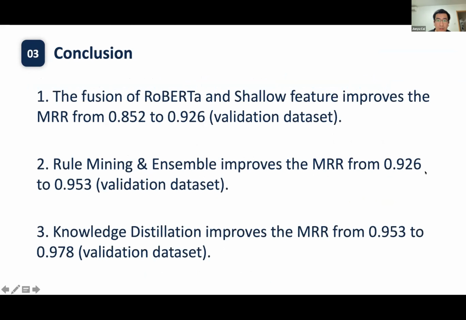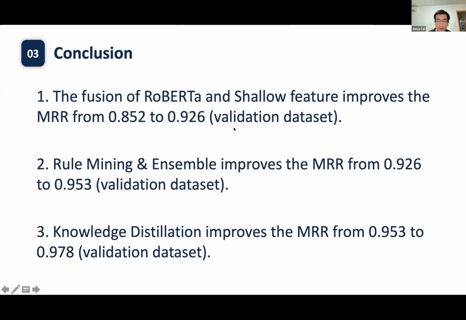Finally, I'll make some conclusions of our solutions. First, as we have shown in the model description and experiments, the fusion of RoBERTa and shallow features improves the MRR from 85.2 to 92.6 on the validation data set. It's a really amazing improvement.